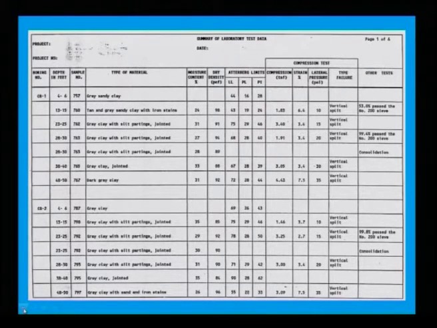You see project number, as I said, date, this is the thing. Then first one is boring, where you have taken your undisturbed sample, boring 1, boring 2. In boring number 2, what is your depth and sample you have taken?